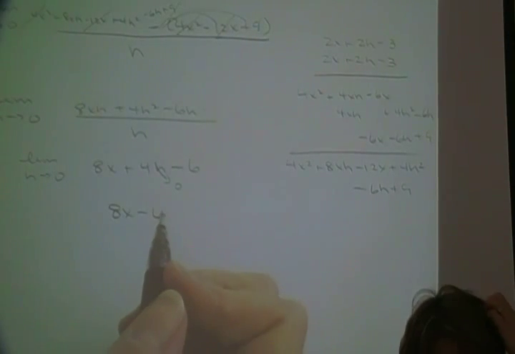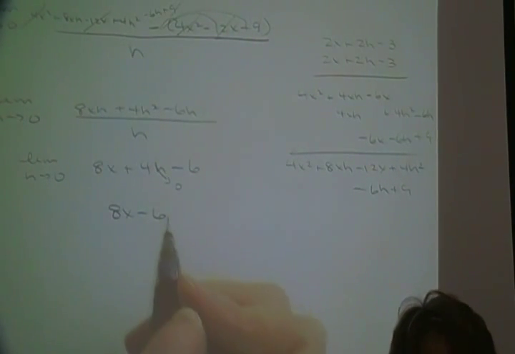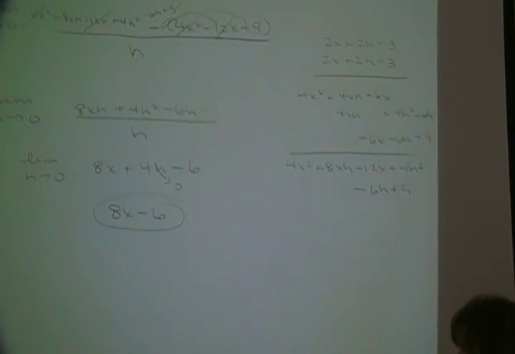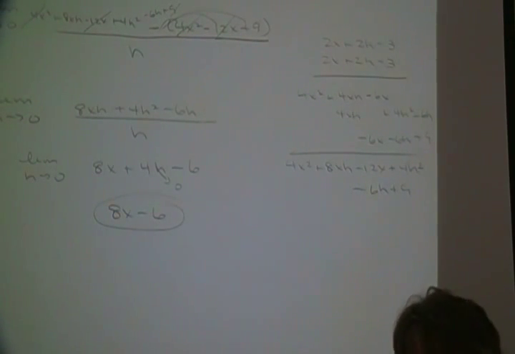So at that point, I can divide everything through by h and get 8x plus 4h minus 6, and then I can send h to 0 and get 8x minus 6. So there's my derivative, by definition. Okay, and we've done that many, many times, so that was just one more time to see it.